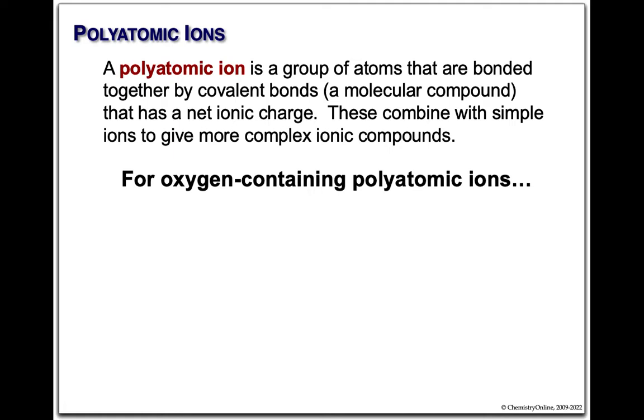So if we have chlorine with 3 oxygens, the chlorine would be the parent, that's ClO3, and we would label that as chlorate. Chlor, the prefix, ate, the suffix. That's the parent. If we now take the parent and we add 1 oxygen to it, we keep the ate, but we put a per in front.